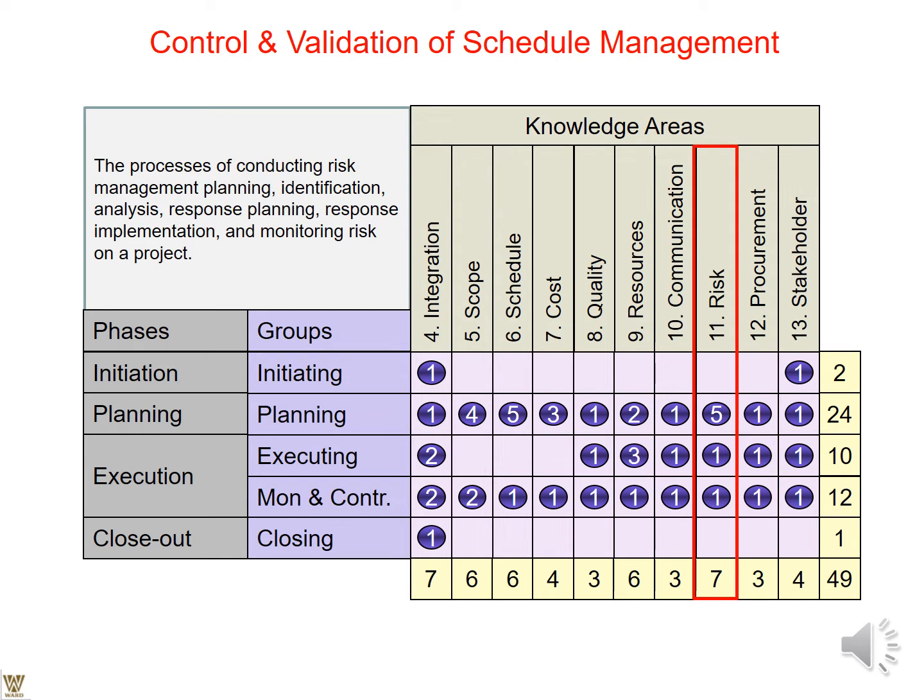We come to the risk knowledge area, as the case might be, the processes of conducting risk management, planning, identification, analysis, and response planning, which we need to do during the implementation process. We need to monitor the risk of the project. We have to understand why a particular task is being entrusted upon it. We have to go into either the planning phases or the execution phases, because believe me, after initiation they are the only two phases that count and matter altogether.